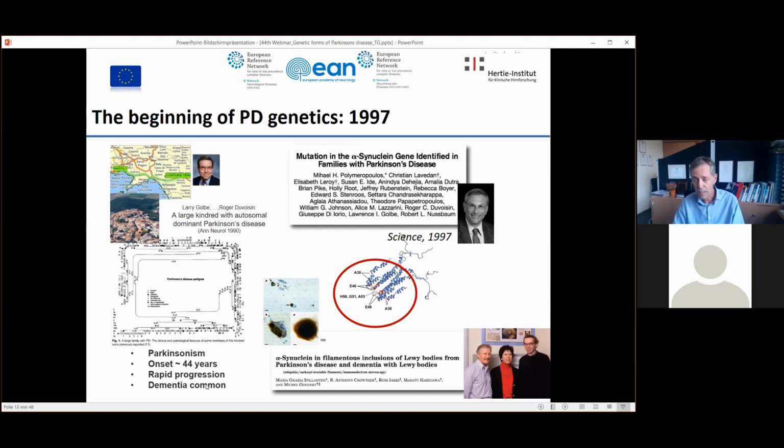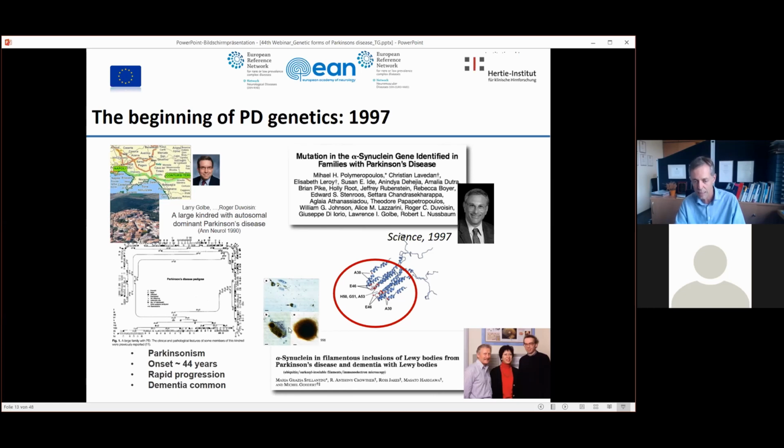So at that point, after the discovery of the gene, a lot of people thought, well, is this really Parkinson's disease? Is this the same as our normal Parkinson's disease that we see in the clinic? And a lot of people doubted that until just shortly afterwards, Maria Grazia Spillantini and Michel Goedert discovered that the Lewy bodies, the intracellular inclusions that are typical also in the sporadic forms of Parkinson's disease, are made up of this protein, the alpha-synuclein protein.